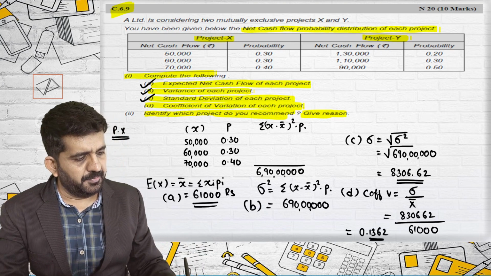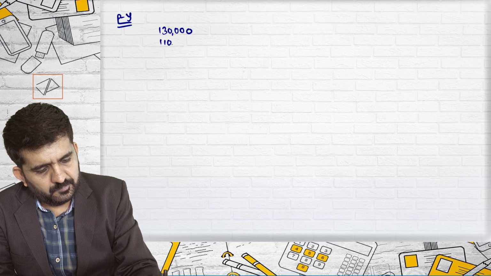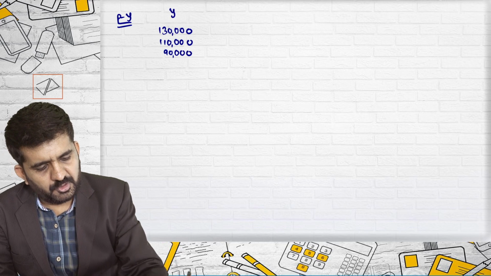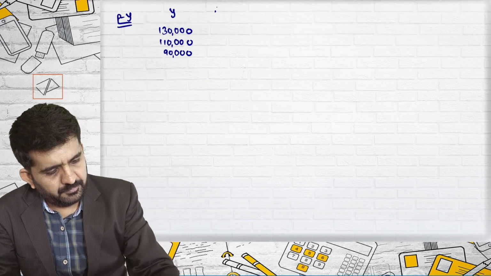I will have to repeat it for project Y. 130, 110, 90. This is Y. Probability is 0.2, 0.3, 0.5.